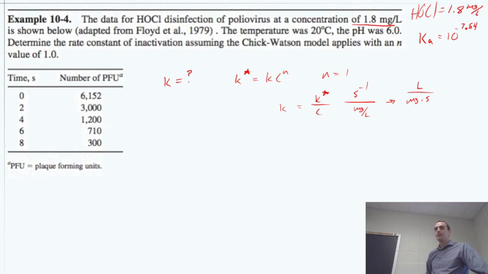Okay, that's good. Why do we have the Ka being 10 to the negative 7.54? I would have thought to just do 10 to the negative 6, because the pH is given. Okay, good questions. I will answer both of those in a moment. Anything else we're getting hung up on here?